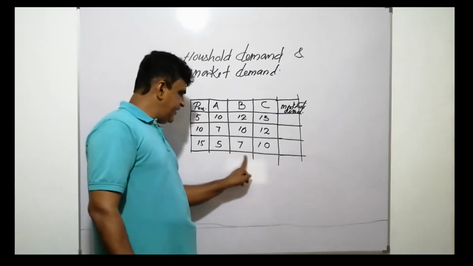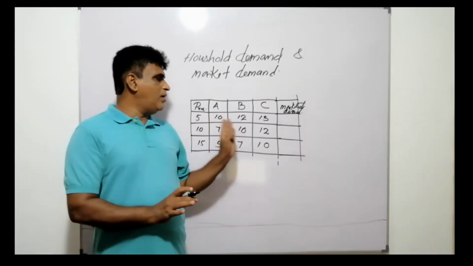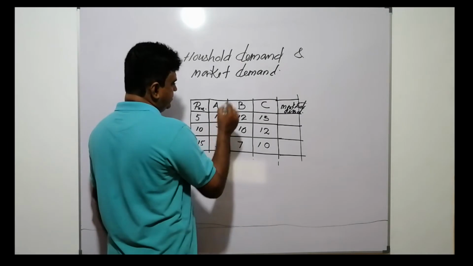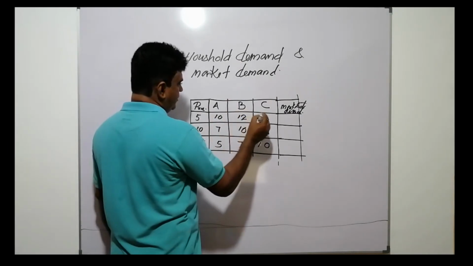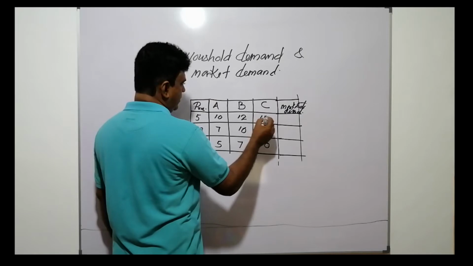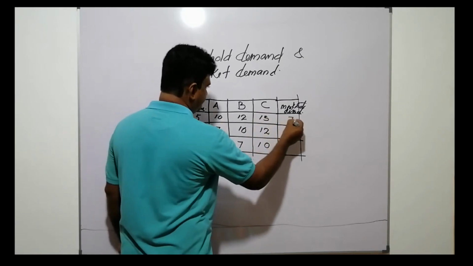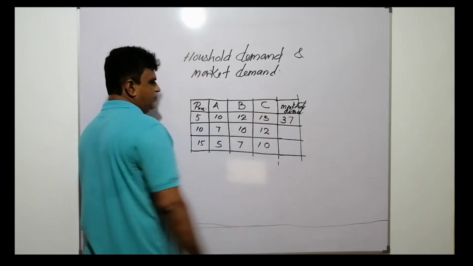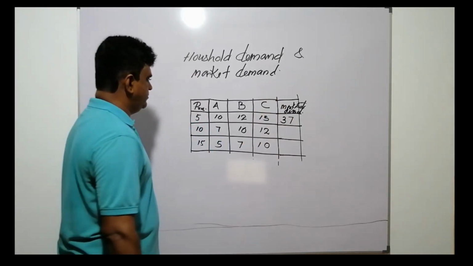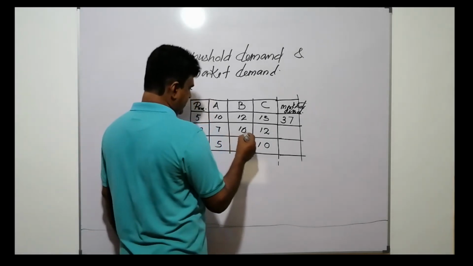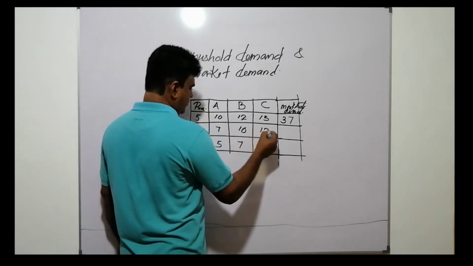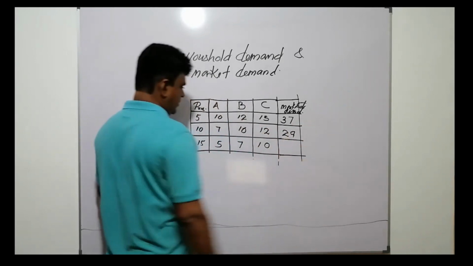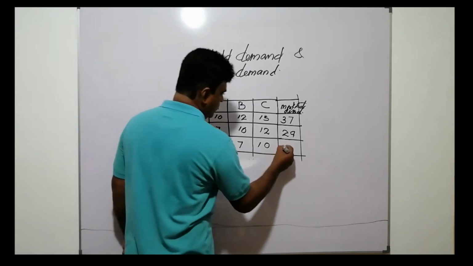Now, market demand is the sum of all individual demands. Here, 10, 12, 15 gives 37; 7, 10 gives 22, and 22 is on 29, and here 22.